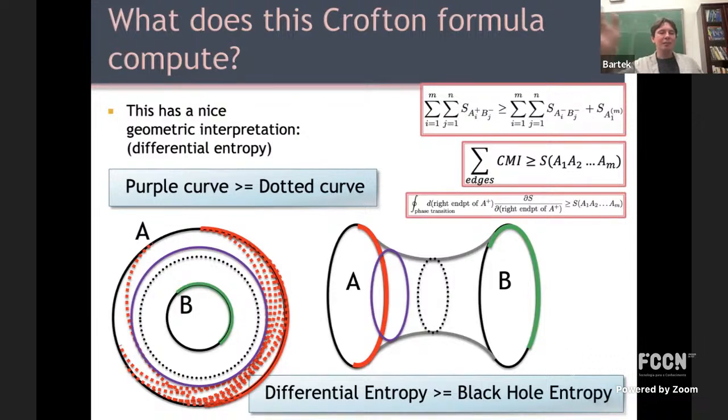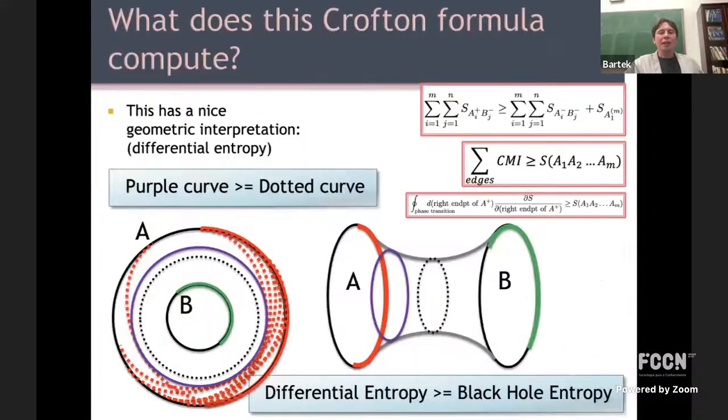Then together, these things will have a common envelope. And that common envelope, I drew here as a purple curve. That common envelope is always larger than the horizon of the black hole, because the horizon of the black hole is the smallest possible curve. And that's the geometric meaning of this inequality. And so that's the differential entropy that we have been computing using our Crofton formula.